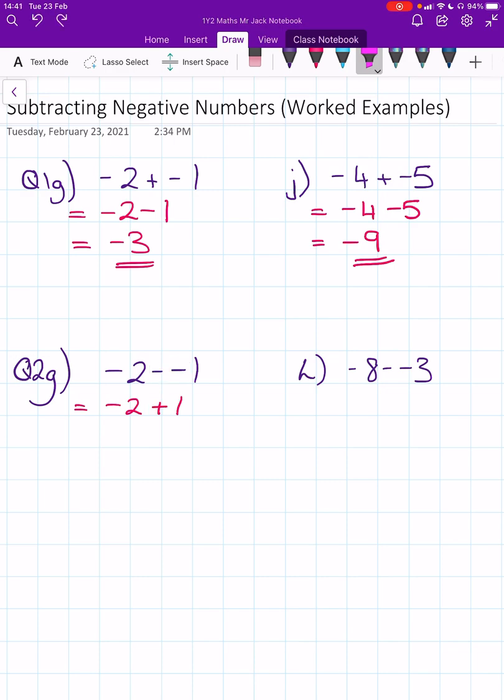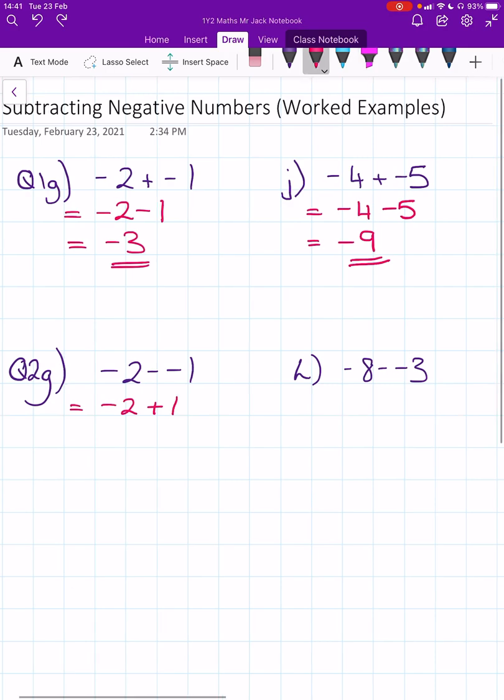Okay, and notice how it's an addition of 1. It's not an addition of -1, it's an addition of 1. So again, think number line if it helps you. Quick sketch here. If we start on 0, that's -1, that's -2. If we start here, we're moving one place to the right in the positive direction. That's one place up here. You can see there that we're going to end up at -1. Okay.